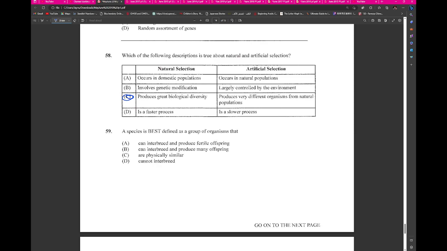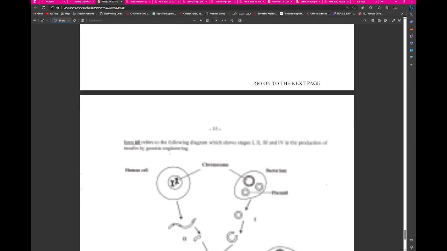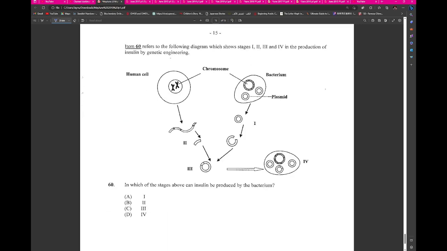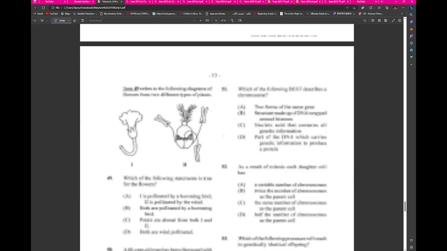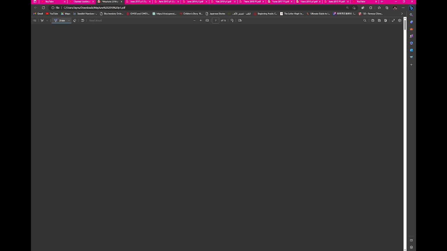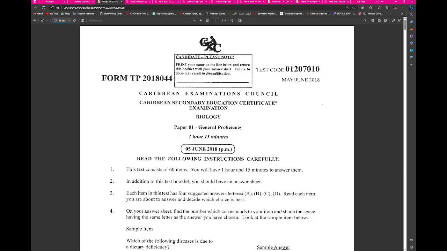A, well, 59, a species is best defined as a group of organisms that can interbreed and produce fertile offspring. And here we have 60. In which of the stages can insulin be produced by the bacterium? And 4, after recombination. Right, so that has been the CSEC Biology May/June 2018 paper.